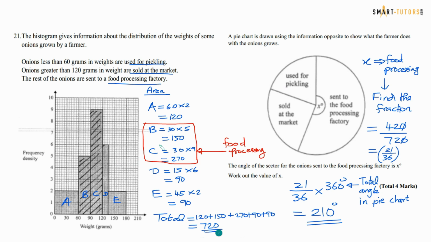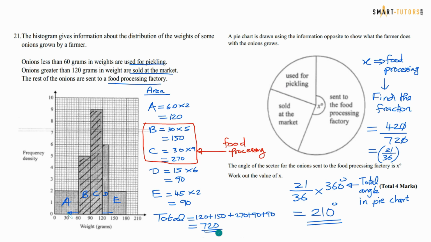Question number 21. The histogram gives information about the distribution of weights of some onions grown by a farmer. Onions less than 60 grams in weight are used for pickling. Onions greater than 120 grams in weight are sold at market, so more than 120 go to the market.